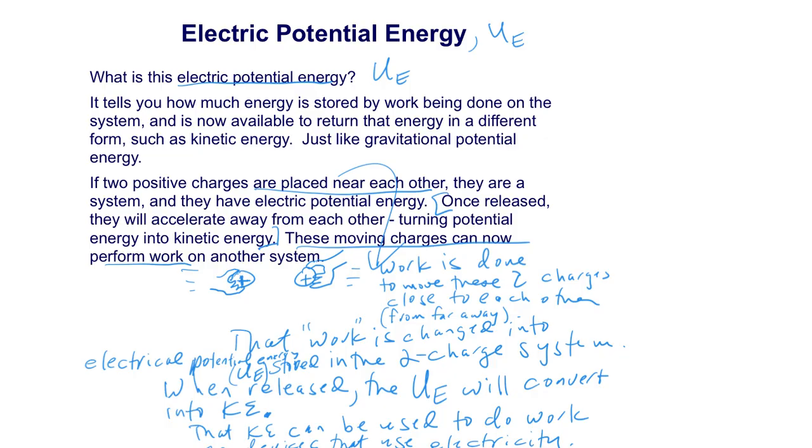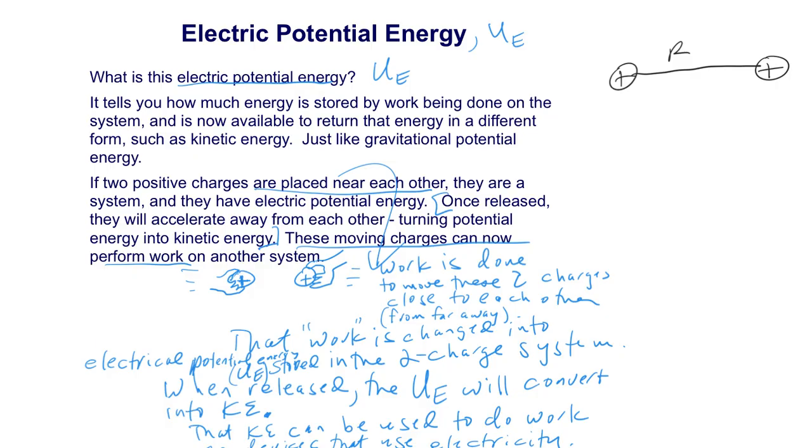The farther two like charges are from each other, the bigger the R, the distance between them, the lower the EPE.